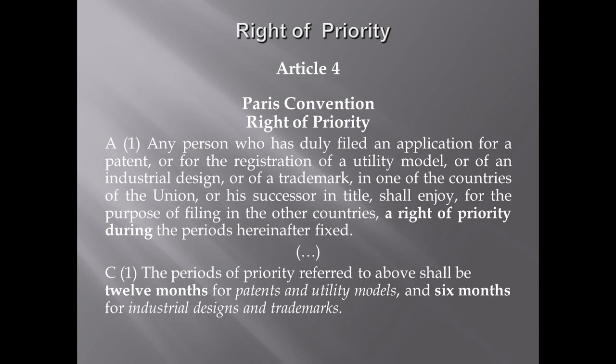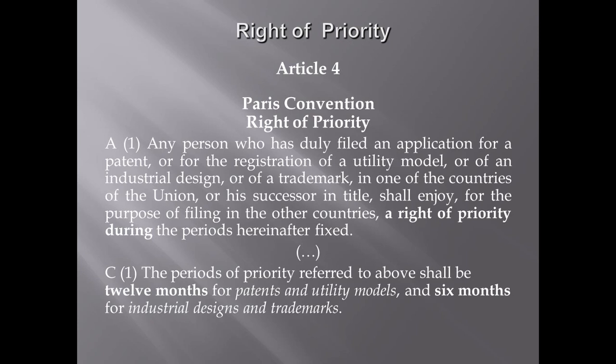Right of priority. This is what the Paris Convention says in terms of the right of priority. Any person who has duly filed an application for a patent or for the registration of a utility model, industrial design or a trademark in one of the countries of the Union, or his successor in title, shall enjoy, for the purpose of filing in other countries, a right of priority during the period hereinafter fixed.